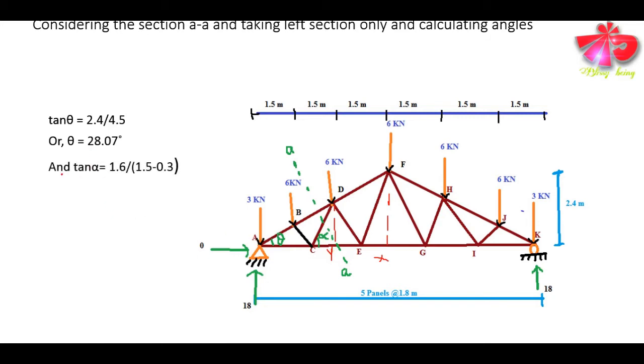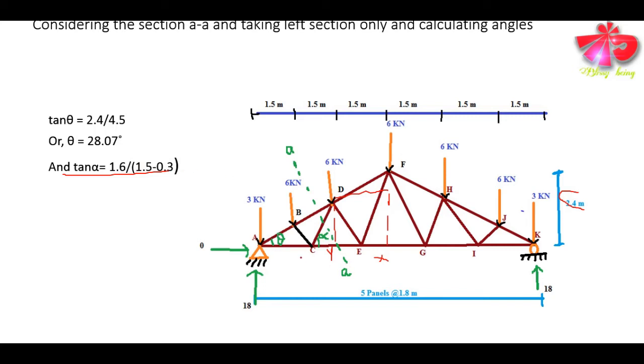So we can easily write tan alpha equals 1.6 divided by the base. Here 2.4 is the total vertical distance from the base to the apex point or crown point, so up to this level the vertical distance shall be 1.6.